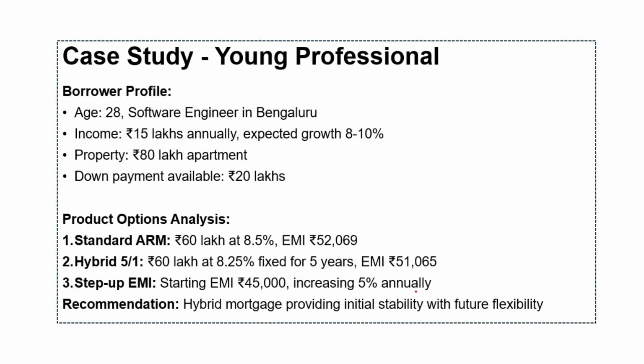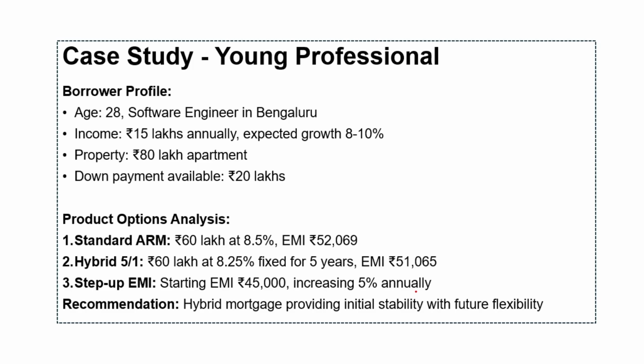Then let's take one small case study of a young professional to understand this. The case study illustrates practical application of mortgage selection principles for a common borrower profile in today's market. This 28-year-old software engineer represents the demographic driving much of India's urban housing demand.